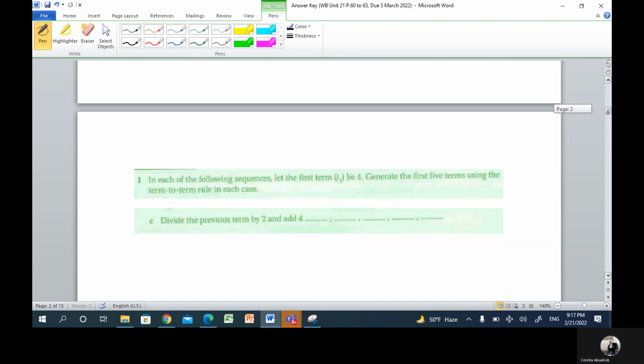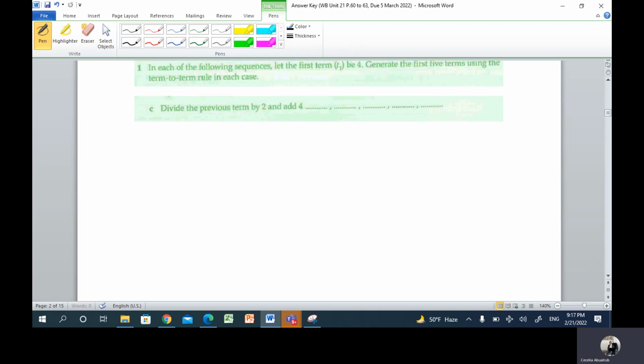Next. In the following sequences, let the first term be 4. So we are going to start all over again. N, 1, 2, 3, 4, 5, and then the nth term.